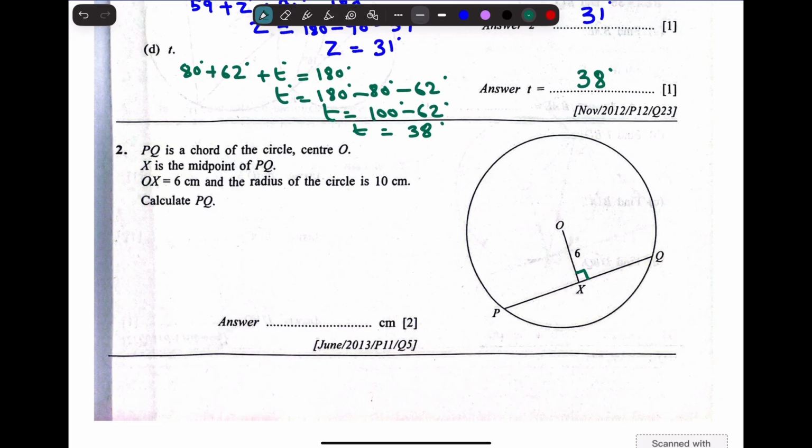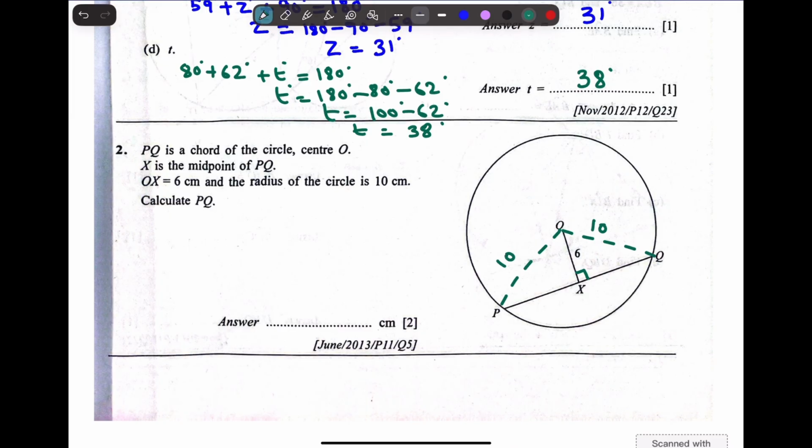Okay, so if the radius of the circle is 10, it means this is 10 and this is 10. Calculate PQ.